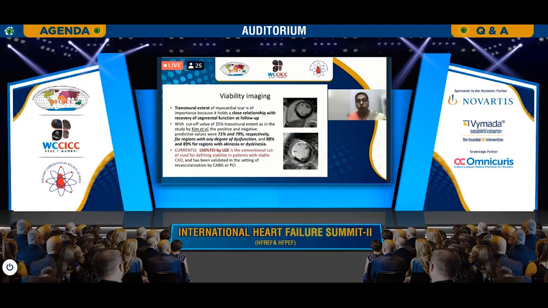As we all know, there was a seminal paper by Kim et al. in NEJM in 2003, which talked about the importance of the transmural extent of myocardial scar, and found a close relationship with the recovery of segmental myocardial function at follow-up.